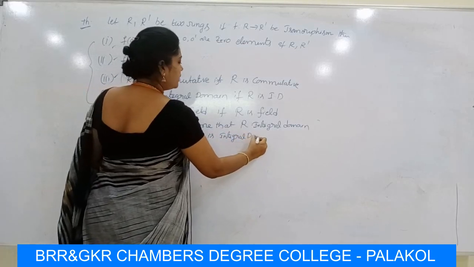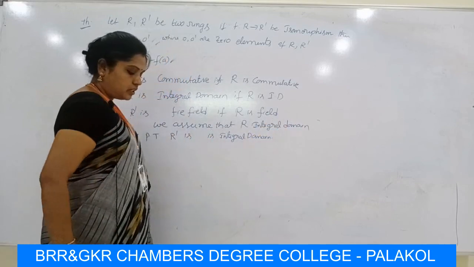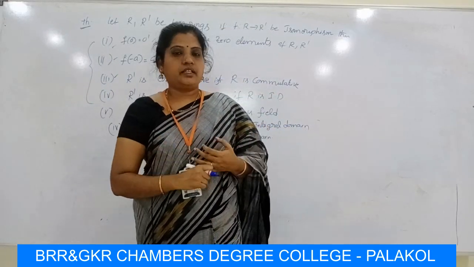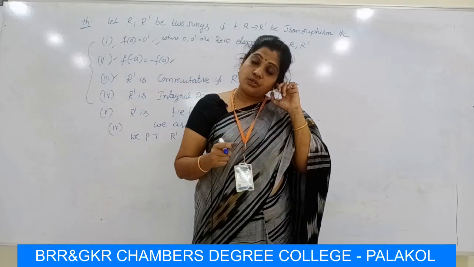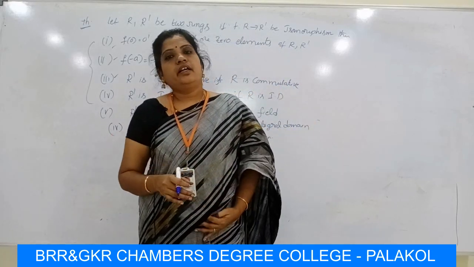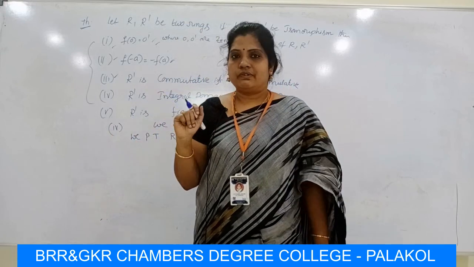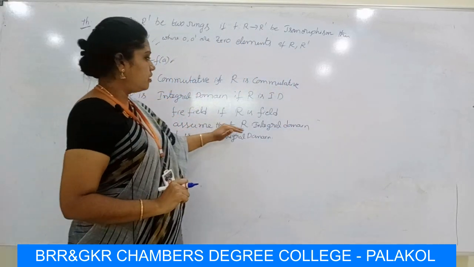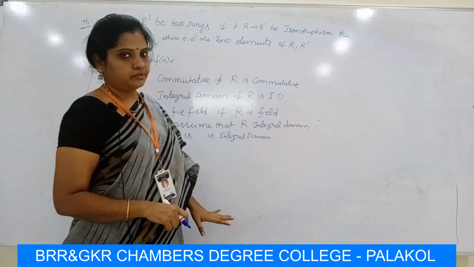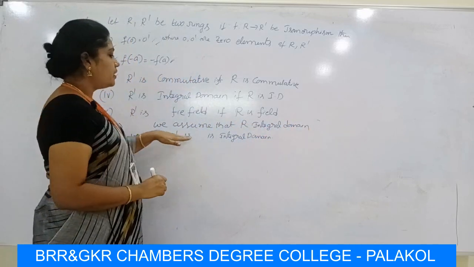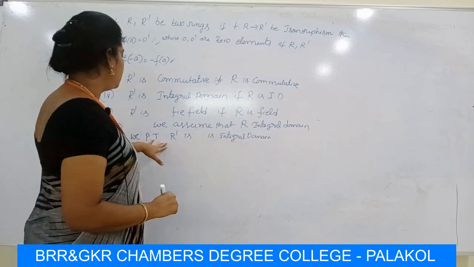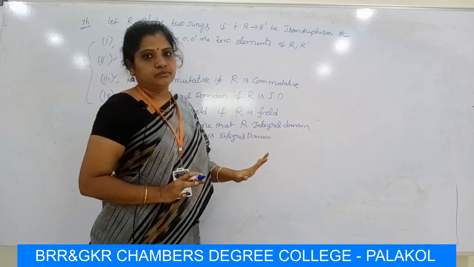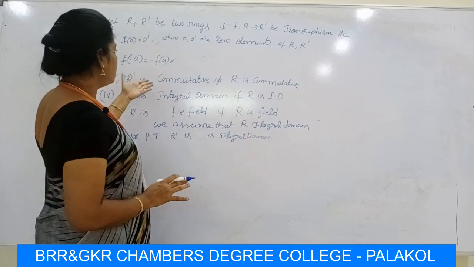What is an integral domain? The definition of an integral domain is that R be a ring, a commutative ring, having a unity element and having no zero divisors. So here our R is an integral domain. We have to prove R dash is an integral domain. By the third condition, R is a commutative ring, and it is already proved that R dash is a commutative ring.